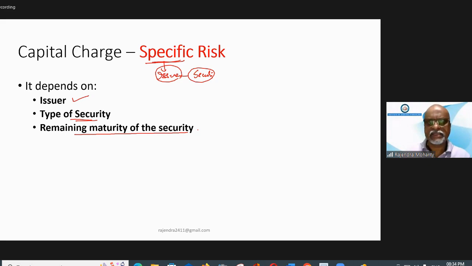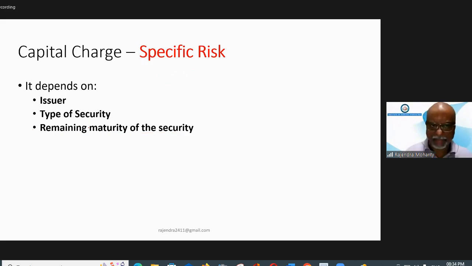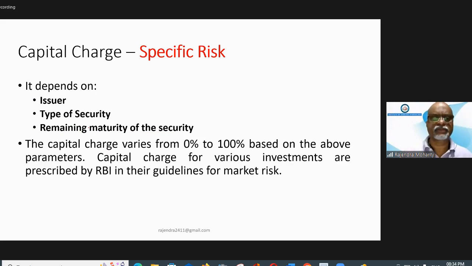So basically, specific risk capital charge will depend on three factors. One is the issuer, one is the type of security the bank is holding, and another is the remaining maturity of the security. You should remember this because sometimes MCQs come, and if you remember this, you can easily answer them.